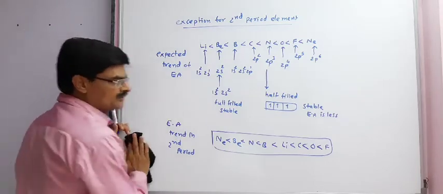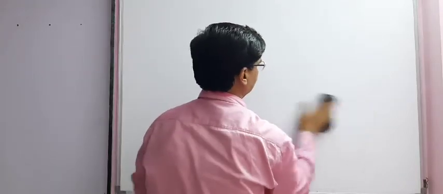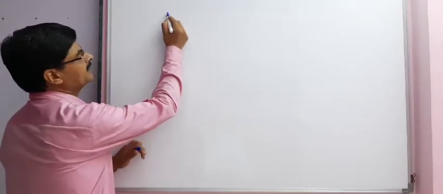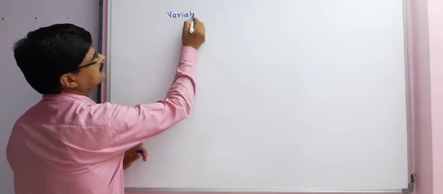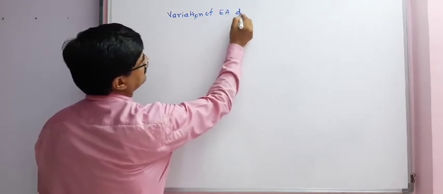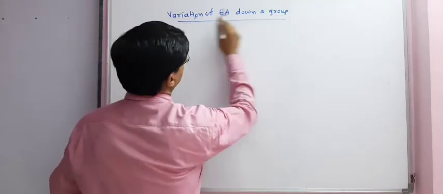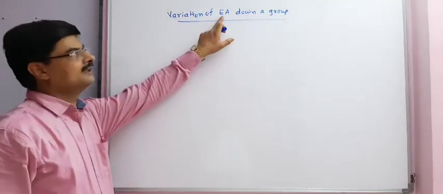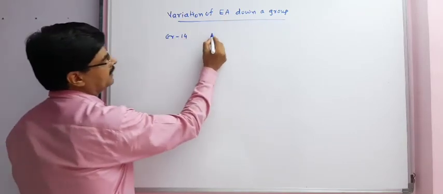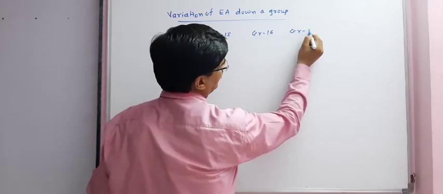variation in different groups. Variation of electron affinity means different than general trend. Group number 14, group number 15, 16 and group number 17.